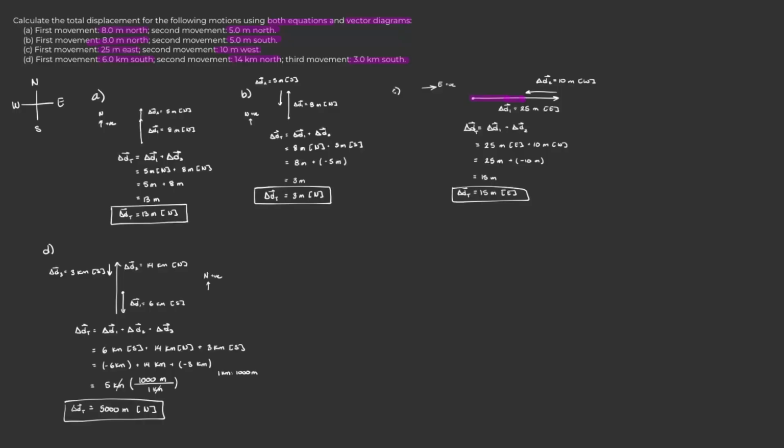I do also want to say that this might be an easy conversion from 5 kilometers to 5,000 meters. But the reason why I teach it this way is because later on, maybe in the grade 12 class, it might not even be in physics, it might be in chemistry, where you're converting units so much in an equation that sometimes it's fairly hard to keep track of everything, right?